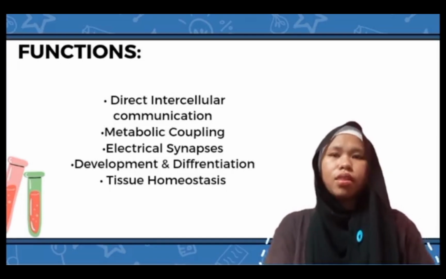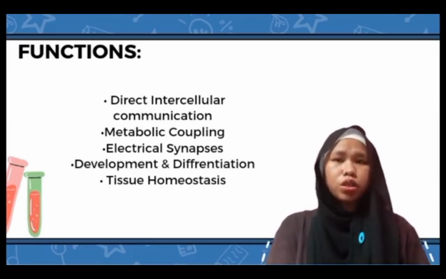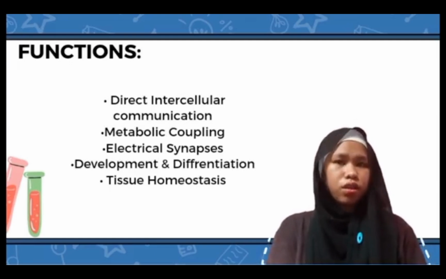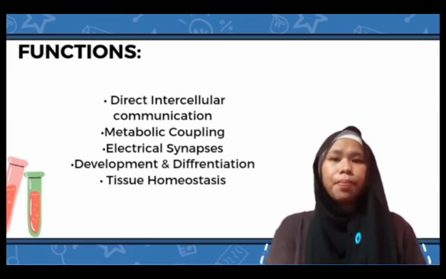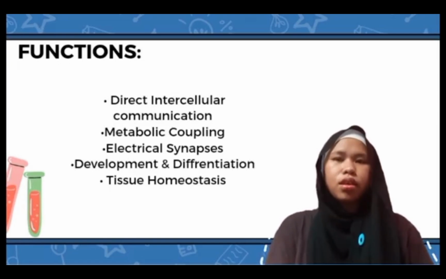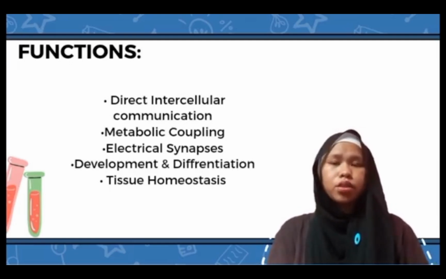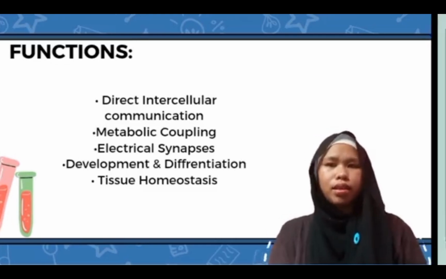And also in development and differentiation, gap junctions play a role in cell-cell interaction during development and differentiation, influencing cell fate and tissue organization. Next is tissue homeostasis. Gap junctions contribute to tissue cellular responses to environmental changes and maintaining tissue integrity.